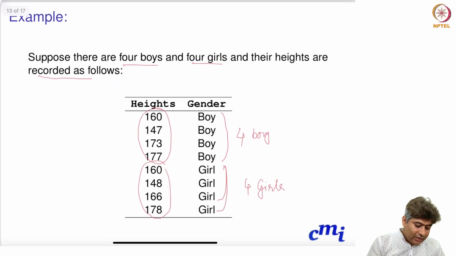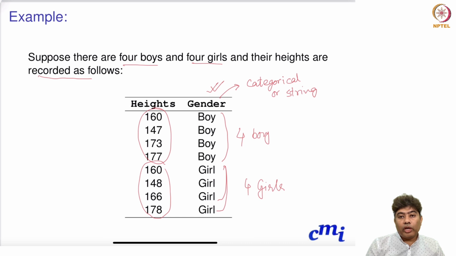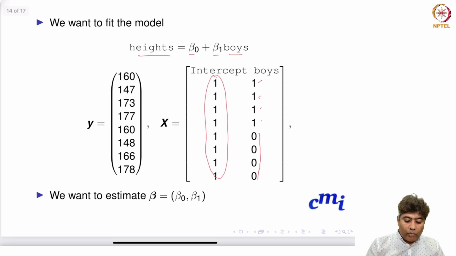In the data set, gender is a categorical or string variable. Whenever you get a categorical or string variable, you create a one-hot encoding, or a dummy variable for a label, like 1 for boys in this case.